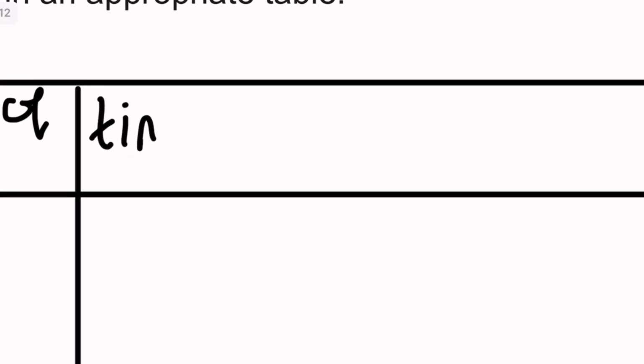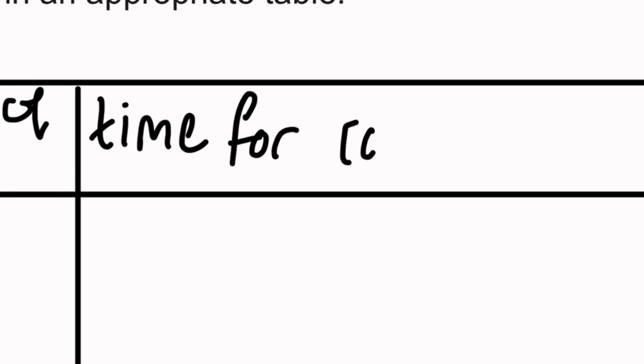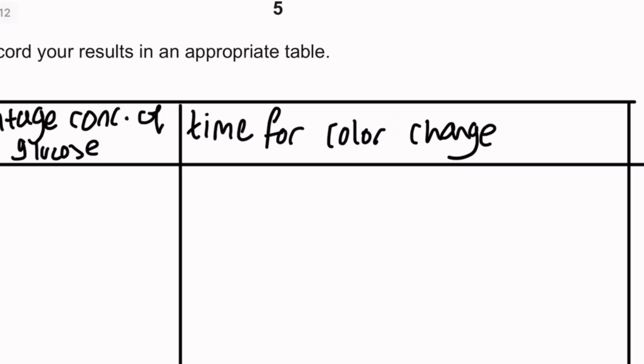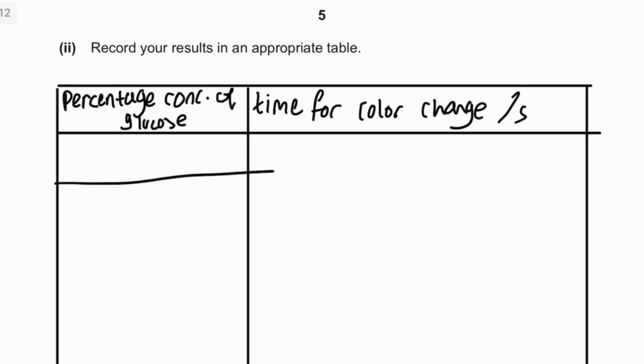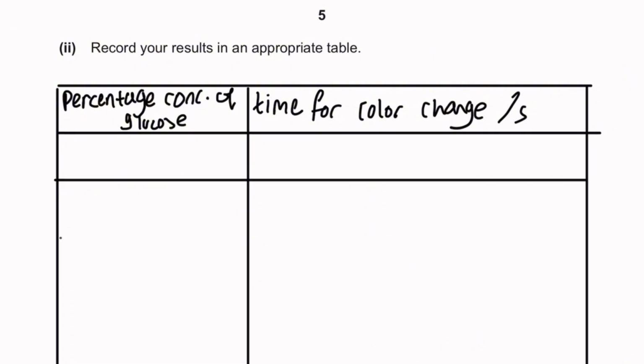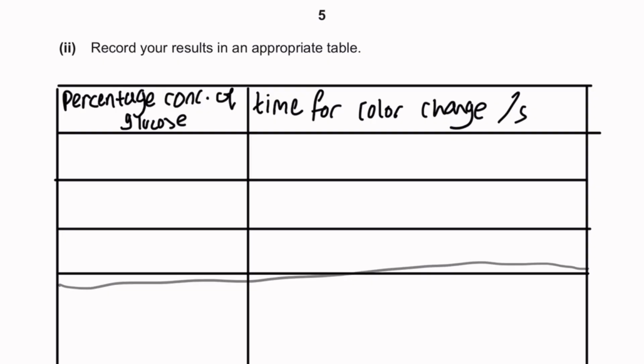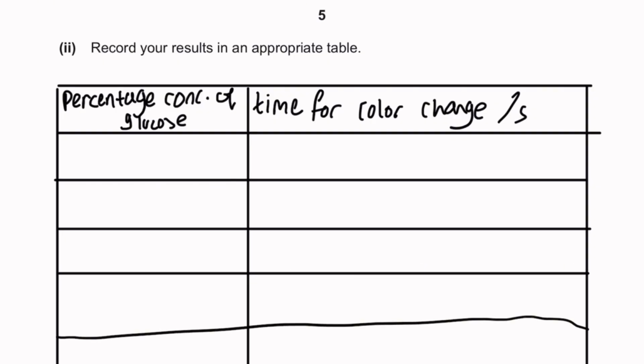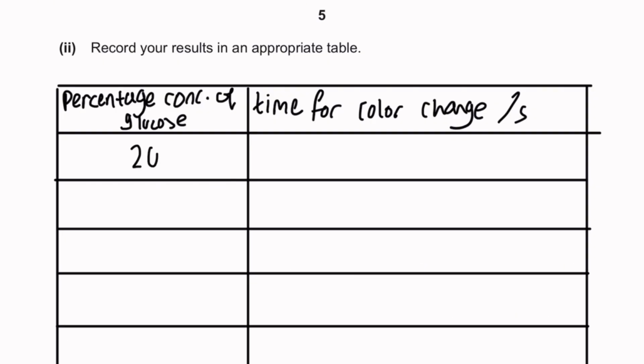And then the time for color change here. And don't forget your units, and then spaces for each of the concentrations. So I have 20, 18, 16, 14, and 12.